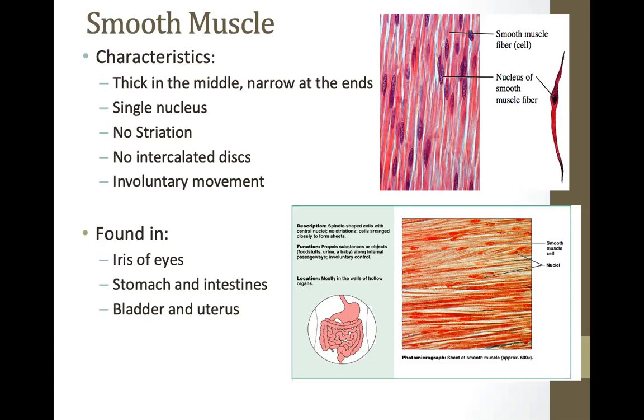And involuntary movement. You guys are gonna laugh at me, but the way I think about the movement of muscles is this. If these muscles move really rapidly, they give you diarrhea, especially if you're talking about the digestive system, right? If these muscles move very slowly, then you get constipation.